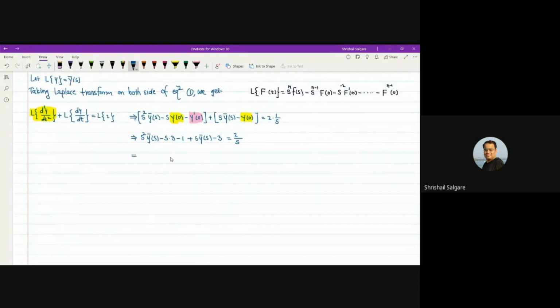Next, I will collect similar terms together. So y bar of s, y bar of s, these two terms I will take together, and y bar of s I will take common. Then remaining is s square plus s equal to 2 by s.